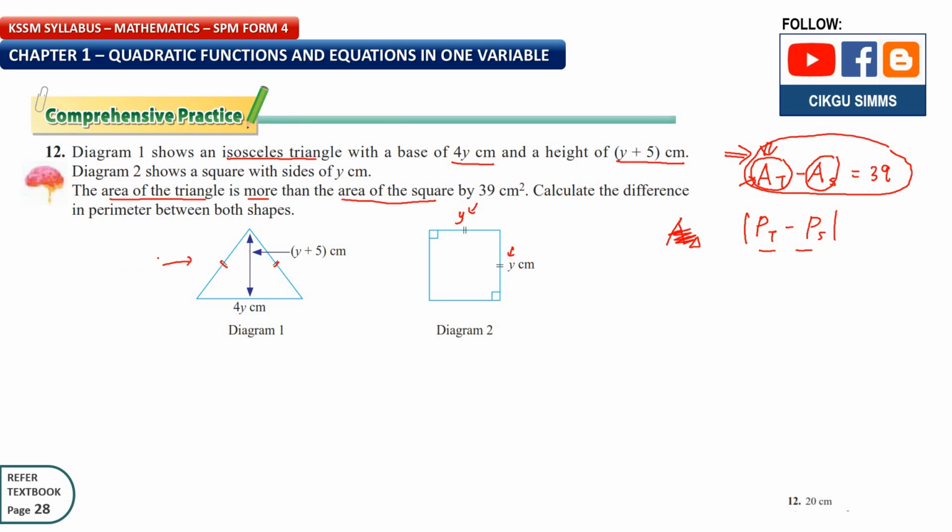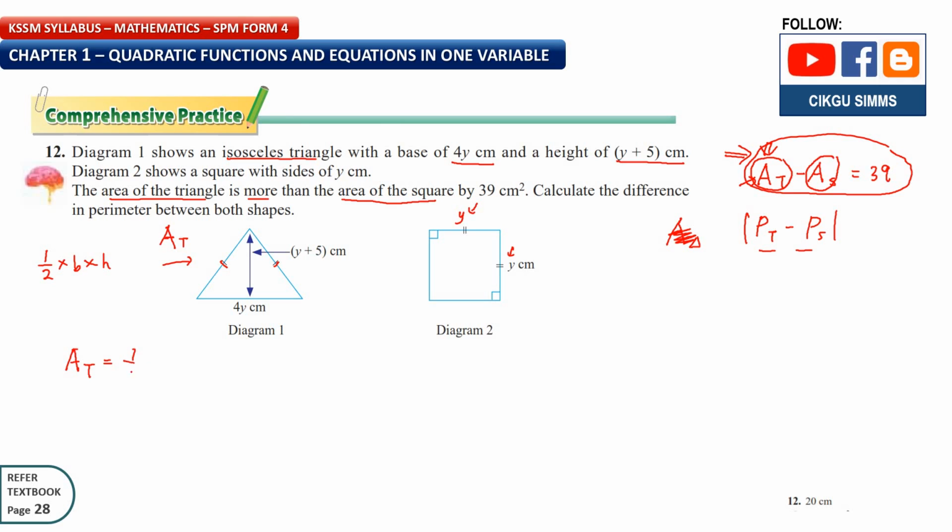Okay, so now we are finding the area of the triangle. We know that the area of a triangle has a formula: half times base times height, right?